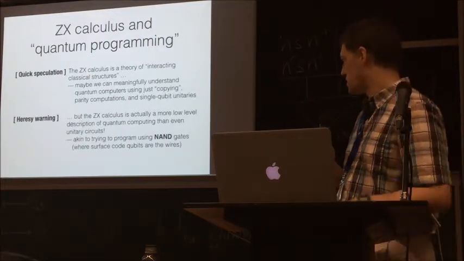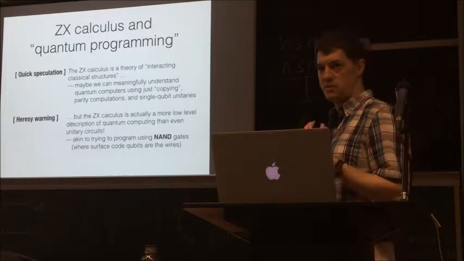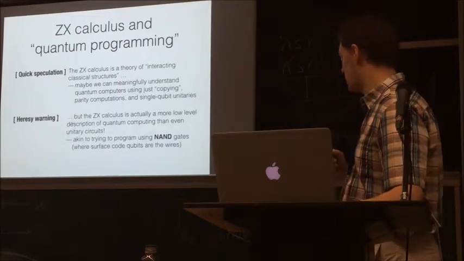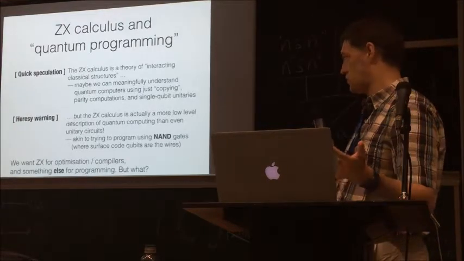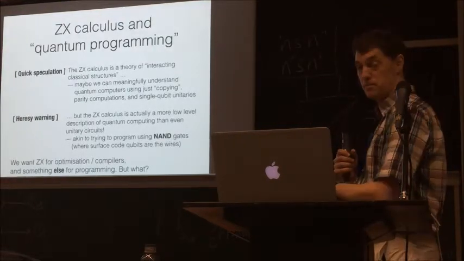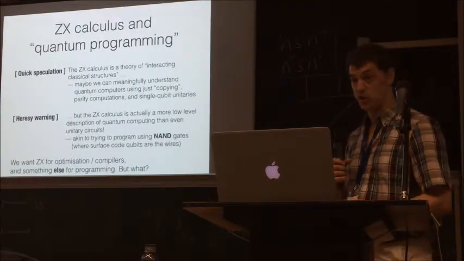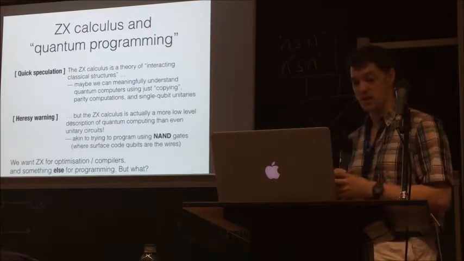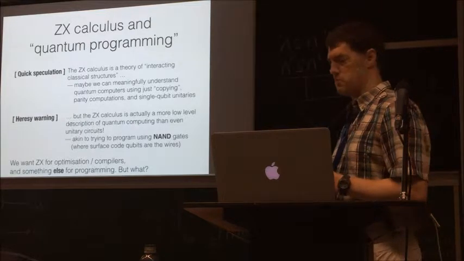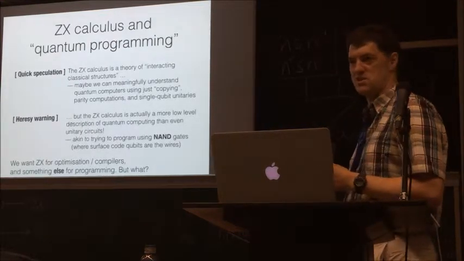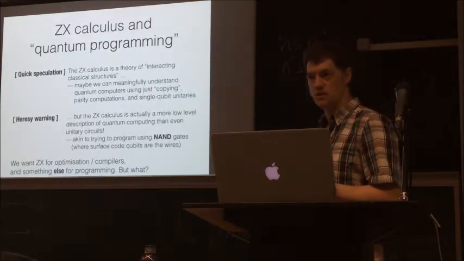So the question is, if we want to come up with a high-level way of describing quantum algorithms and programming things, we're going to need to do something else. And the question is, what is it that we should do? ZX is probably going to be a very useful tool for compilers, for automatic reasoning about things, and moving away from this regime of saying, I want to perform a controlled-NOT specifically between qubits 70 and 392.